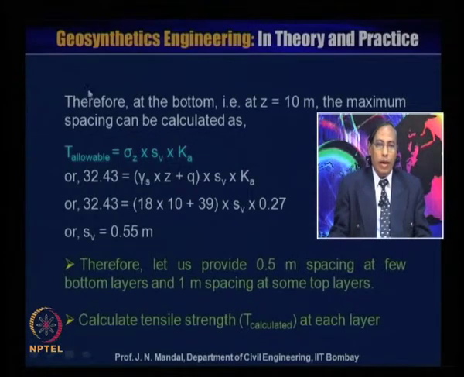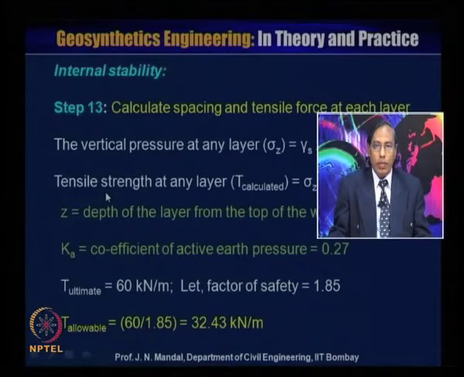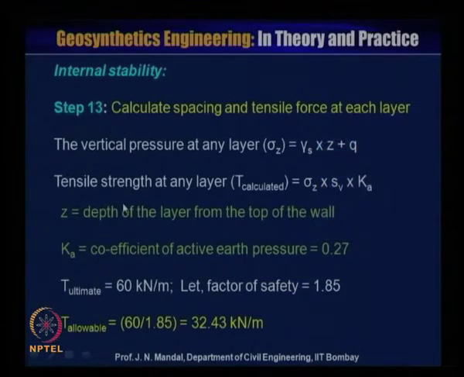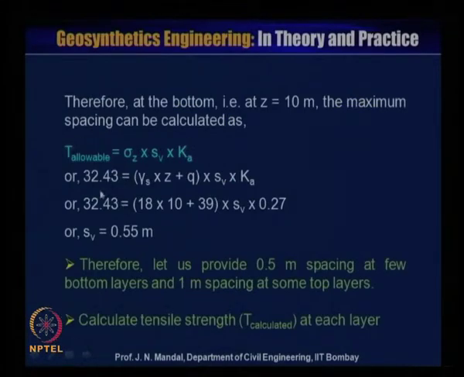We know T allowable, we calculated 32.43, and sigma z is equal to gamma s into z plus the surcharge load Q, into SV into Ka.